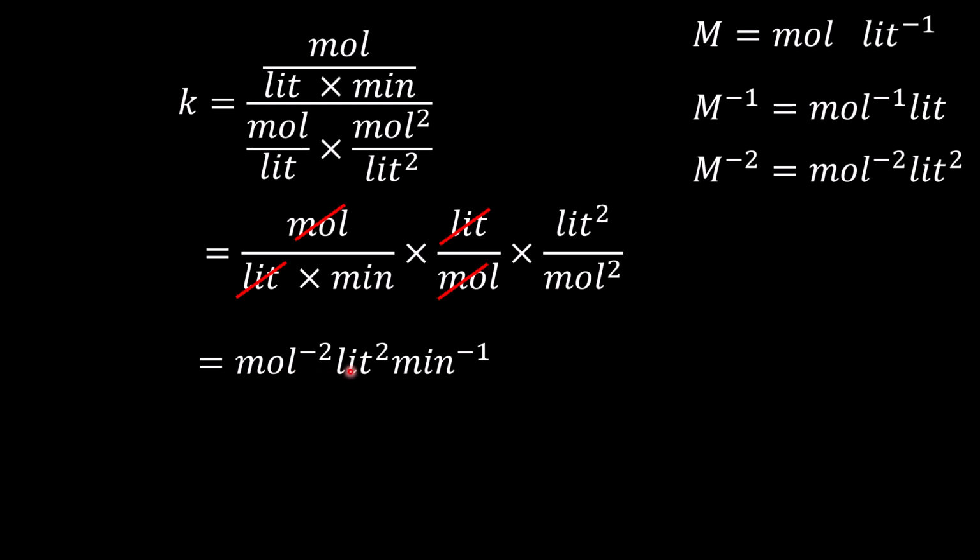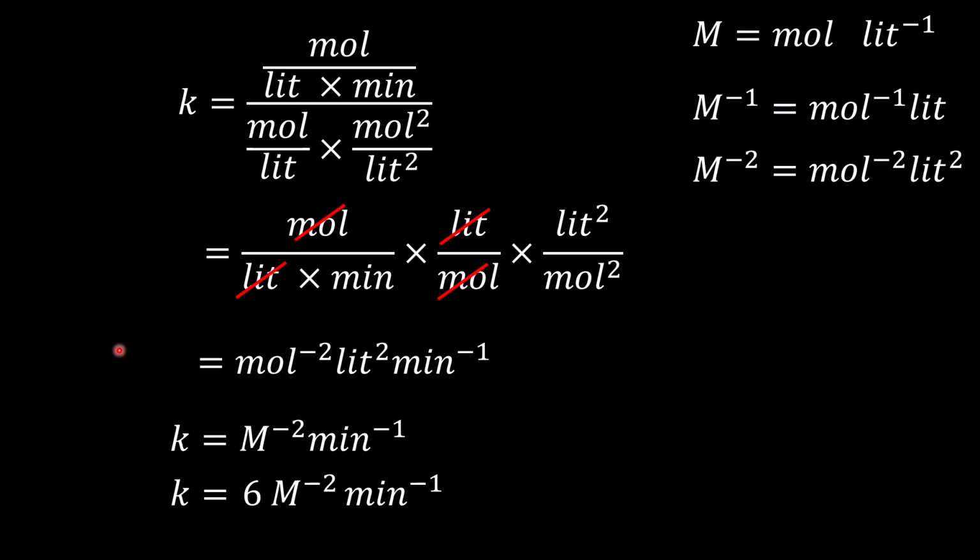Instead of mole to the power minus 2 liter square, we introduce molar concentration to the power minus 2 per minute. So we already got the k value as 6. So the rate constant for this reaction is 6 into molar concentration to the power minus 2 per minute.